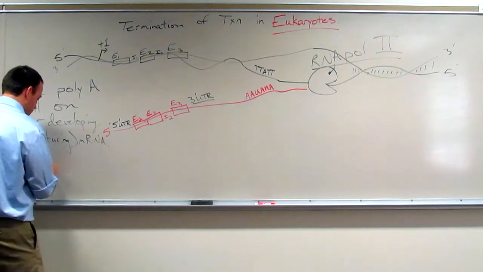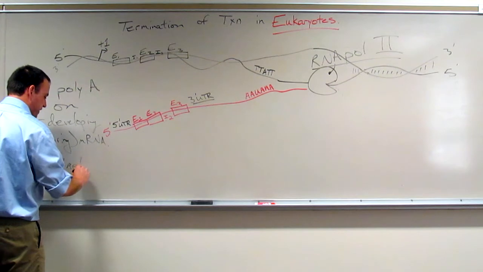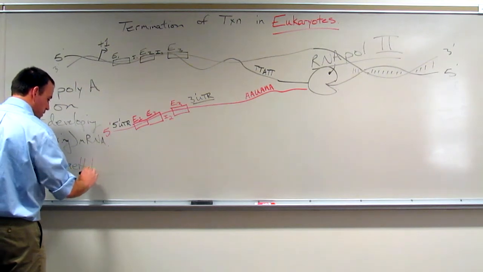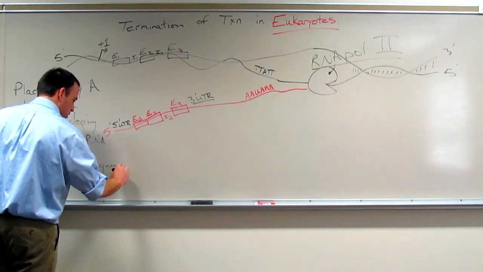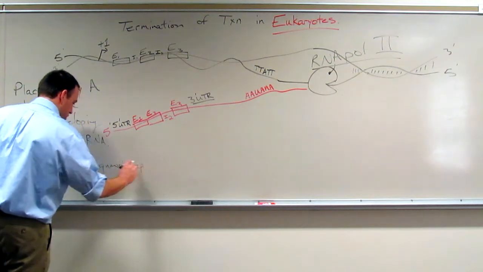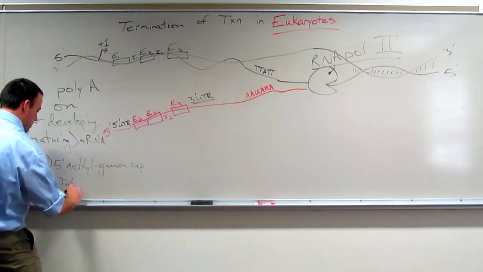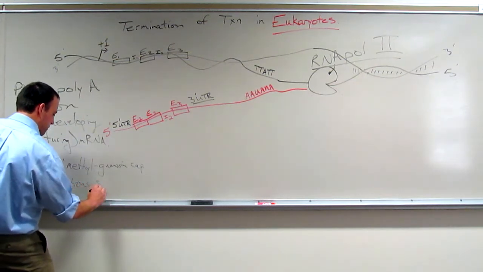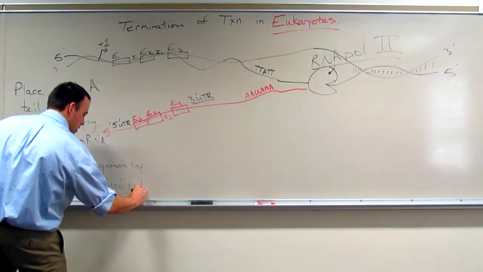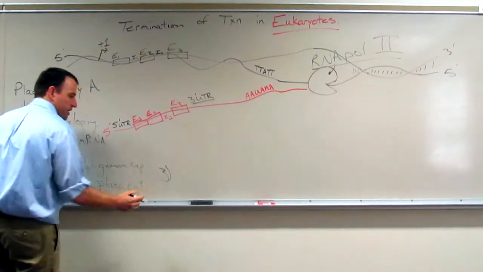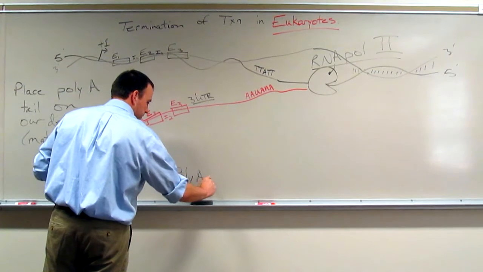It'll have 1, a 5' methylguanosine cap. 2, it will have all the introns spliced out. And 3, what we're focusing on here, the poly-A tail.